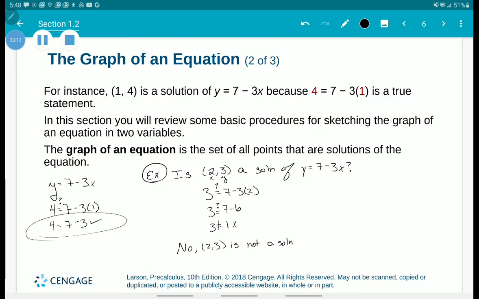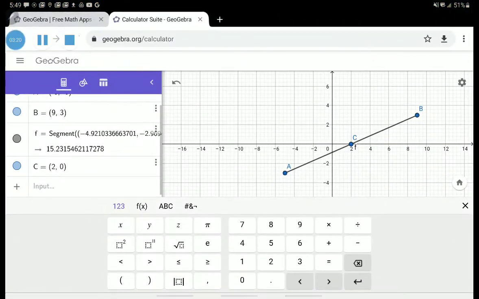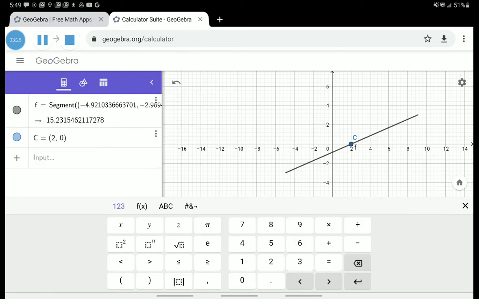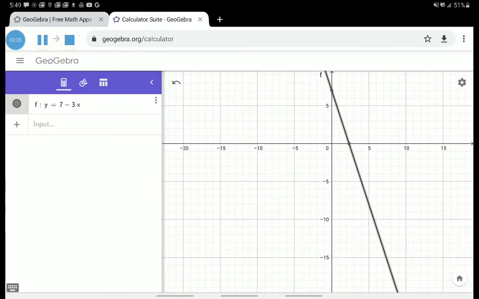So what it means to be a solution is that this point is actually going to lie on top of that graph. So I want to go back to GeoGebra. Let me delete a few things here. So we're going to type our equation in, y equals 7 minus 3x. So there's our graph.